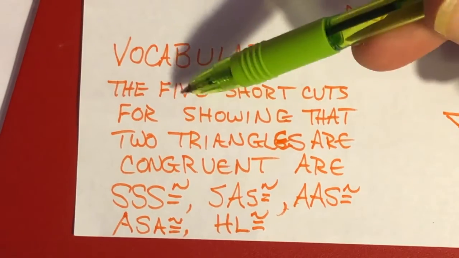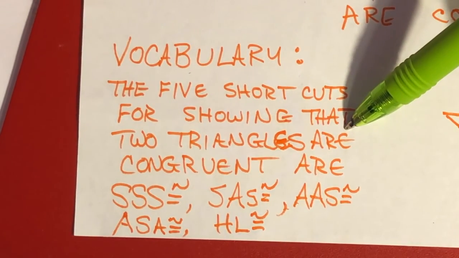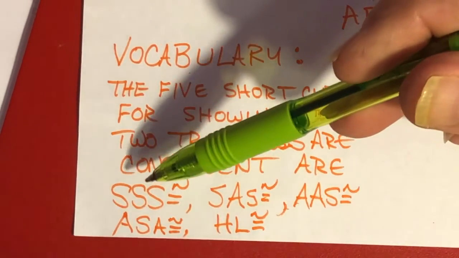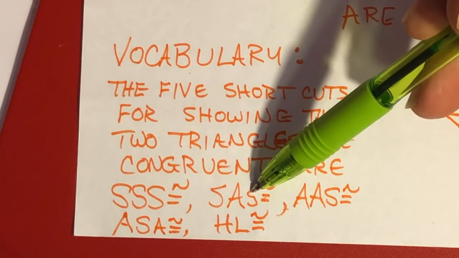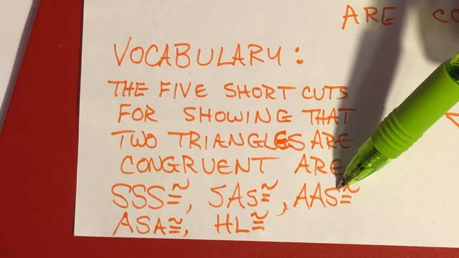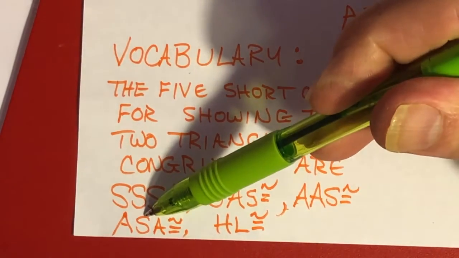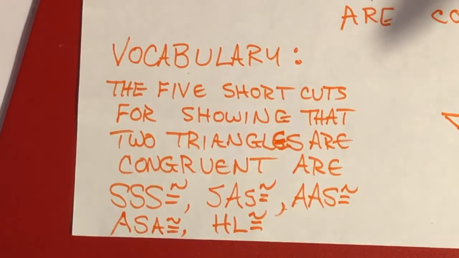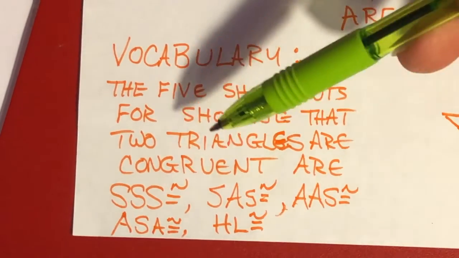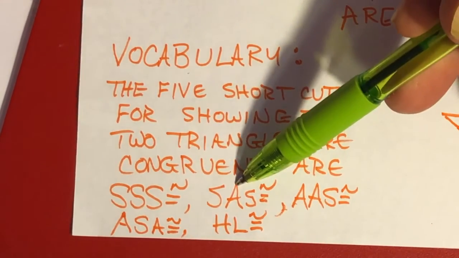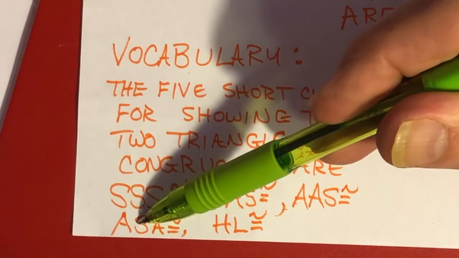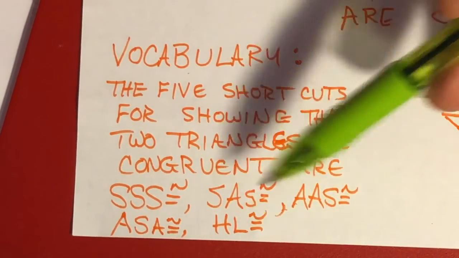The 5 shortcuts for showing that two triangles are congruent are side, side, side congruency, side, angle, side congruency, angle, angle, side congruency, angle, side, angle congruency, and hypotenuse leg congruency. So again, side, side, side, side, angle, side, angle, angle, side, angle, side, angle, and hypotenuse leg.